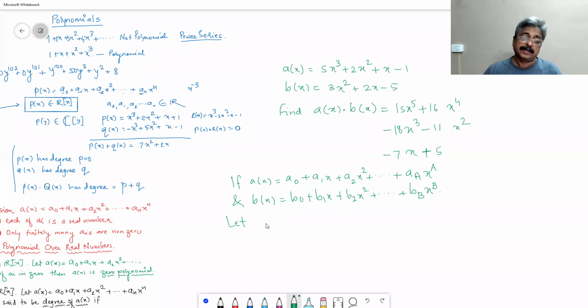Let c of x is equal to a of x into b of x.